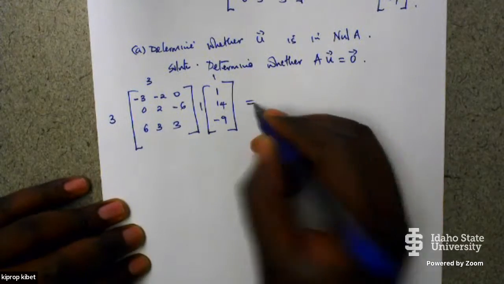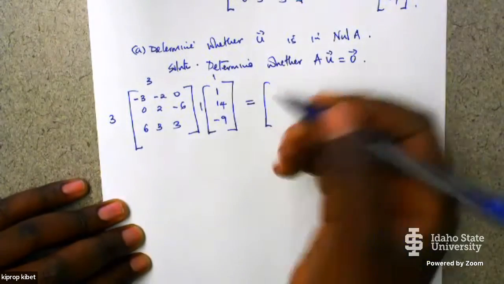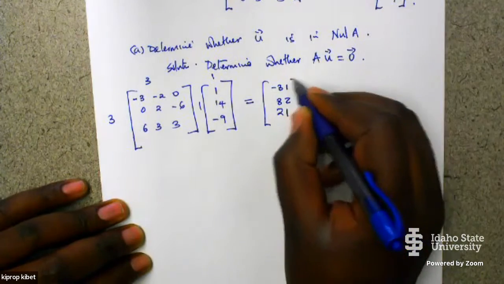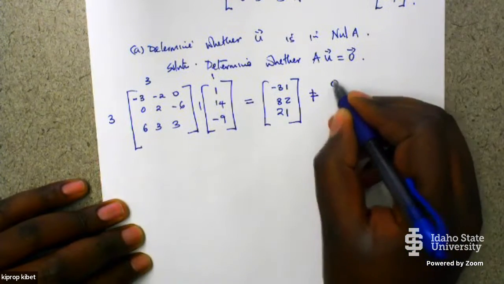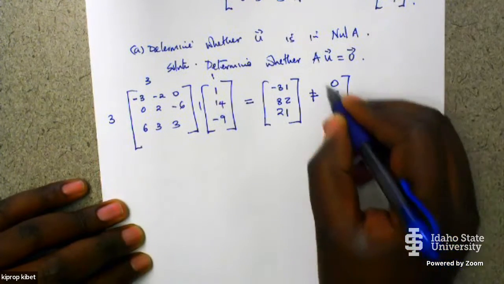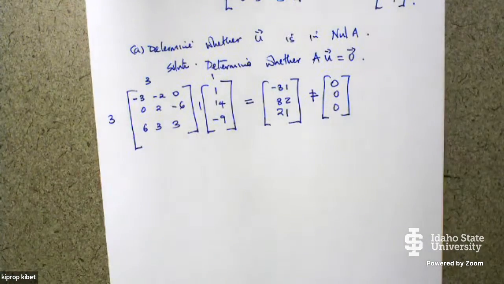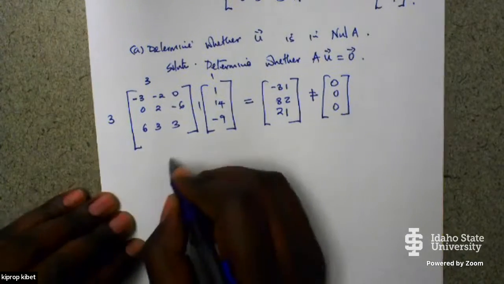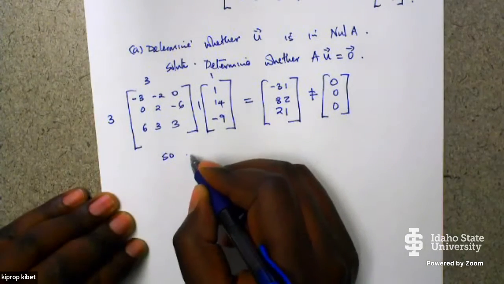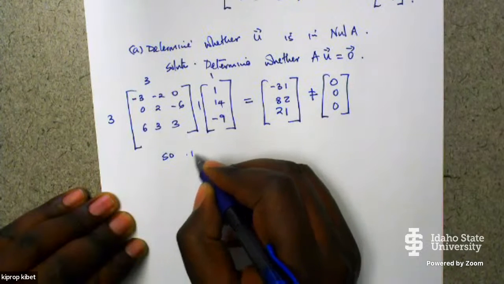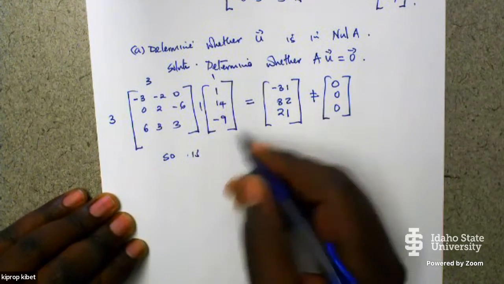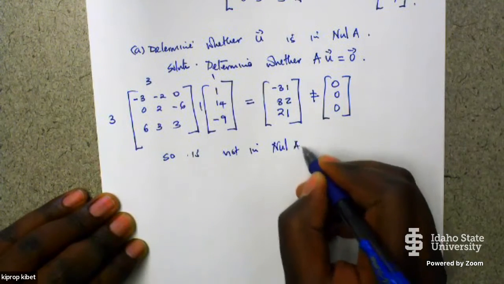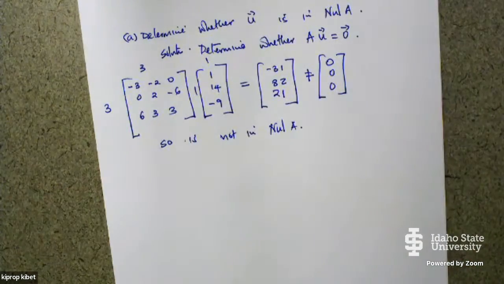So this is equal to what I got: -31, 82, and 21. Basically, this is not equal to 0, 0, 0. So therefore, U is not in the null space of A.